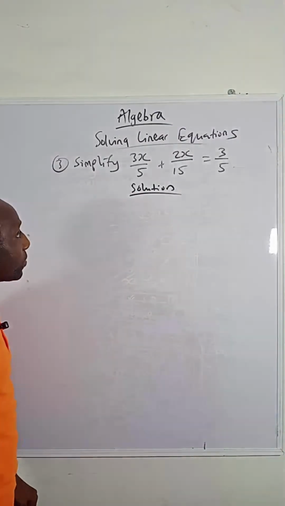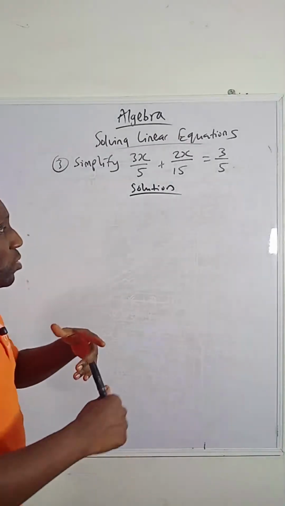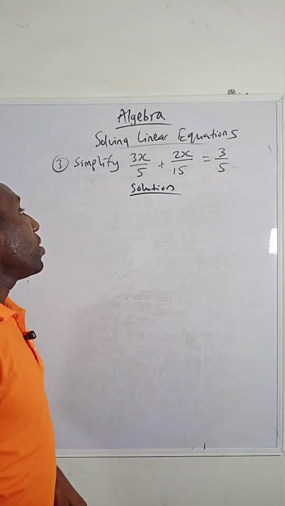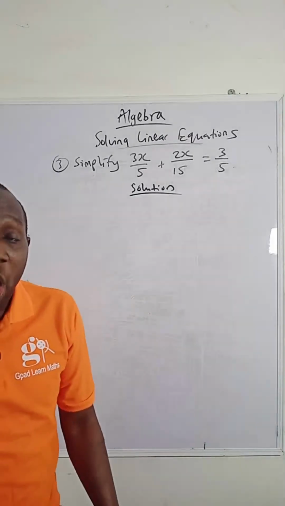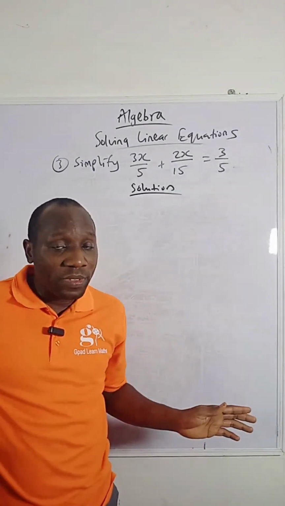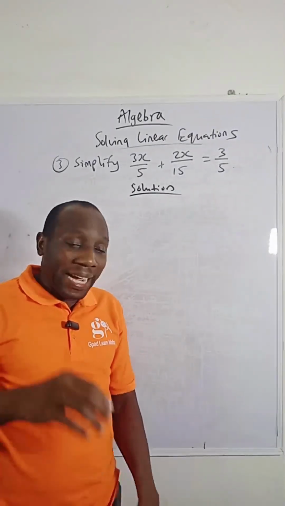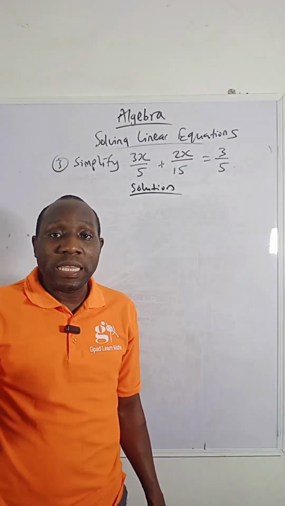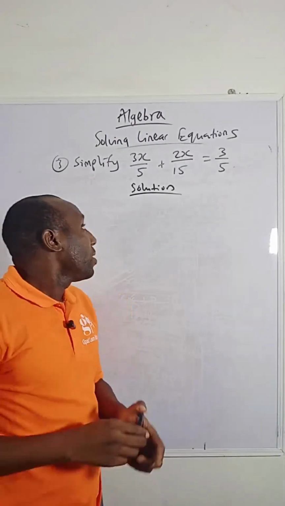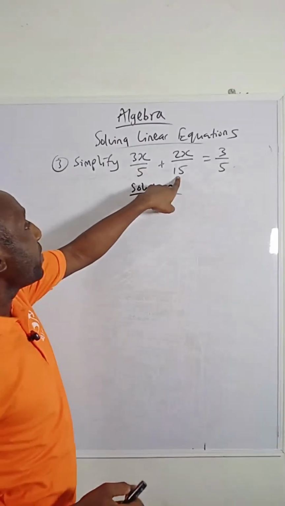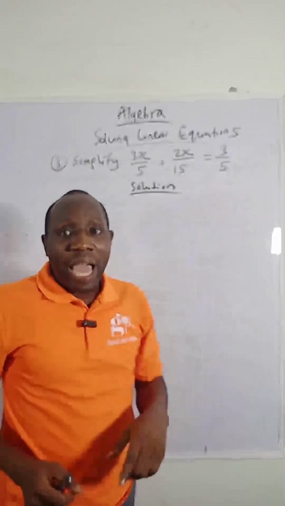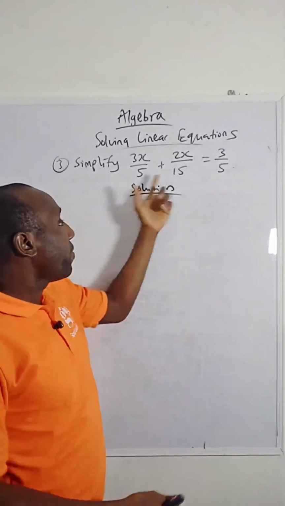Now, there are different ways you can actually solve this question. I can choose to clear off the fractions. See what I have? 5, this is 15, this is 5. How can I clear off the fractions?